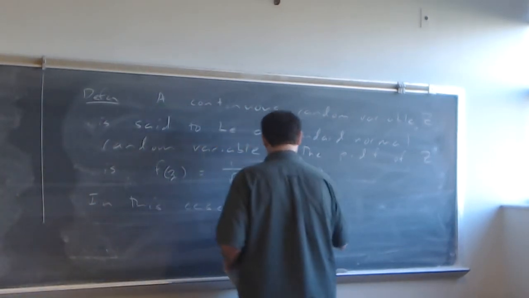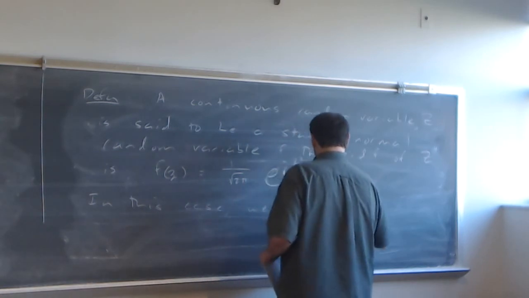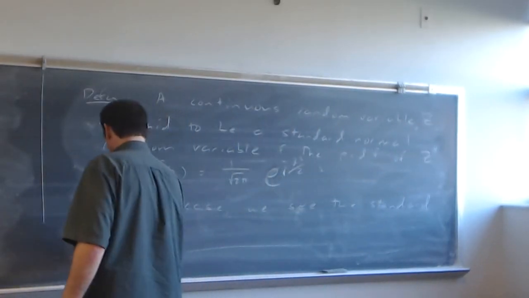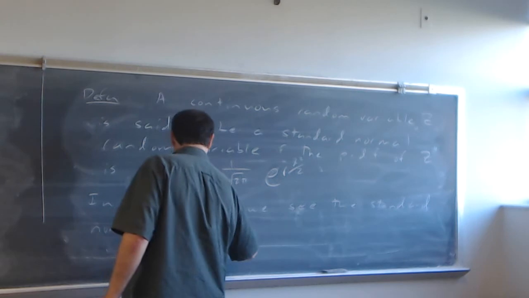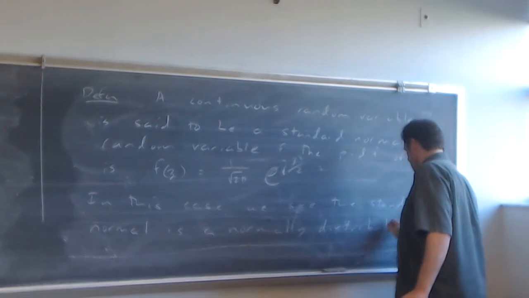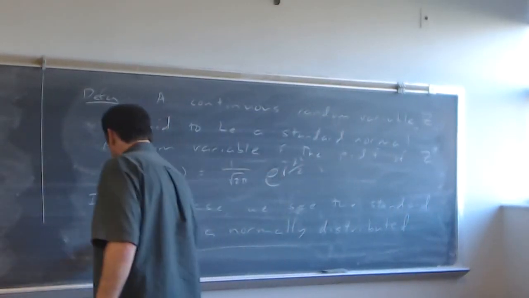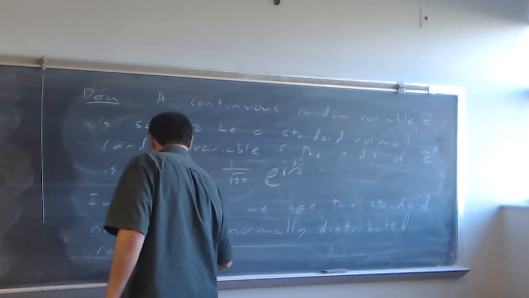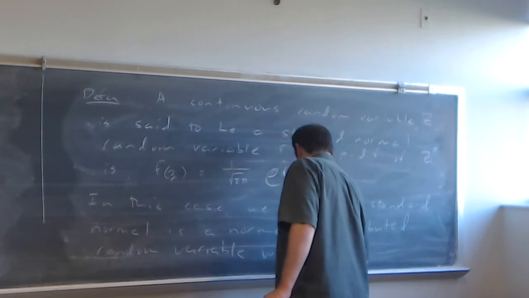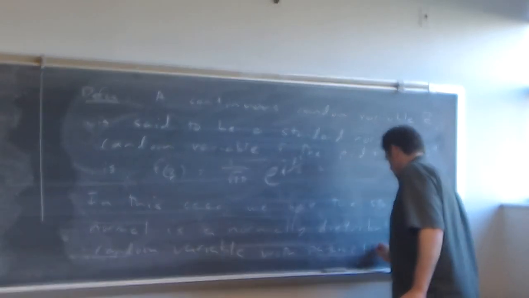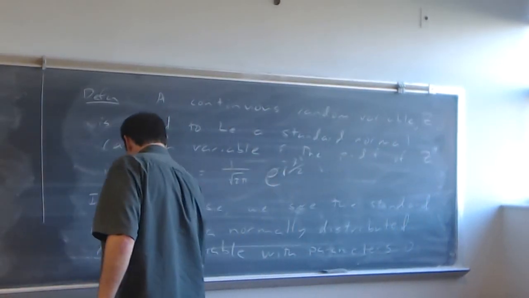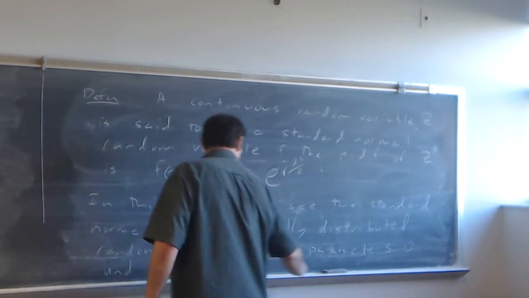We see the standard normal is a normally distributed random variable with parameters of 0 and 1. So sigma squared is 1, and this is the mu.